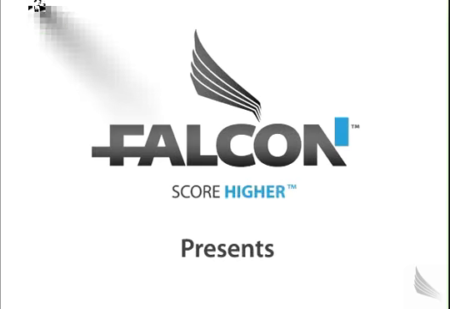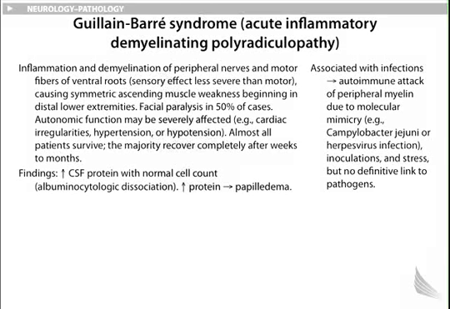The cause of Guillain-Barré is not known, but is often associated with infections and is thought to be an autoimmune attack initially caused by the infection via molecular mimicry. The immune system then targets peripheral myelin, and that's what causes the disease. The most common cause, infectious-wise, for this is a Campylobacter jejuni infection or herpes virus infection.